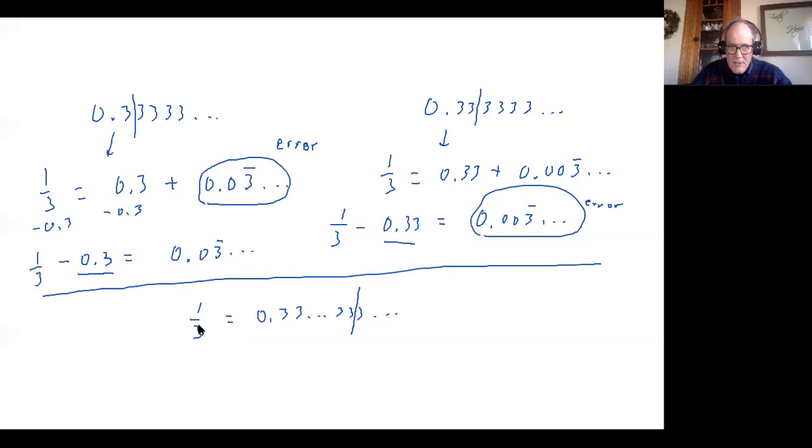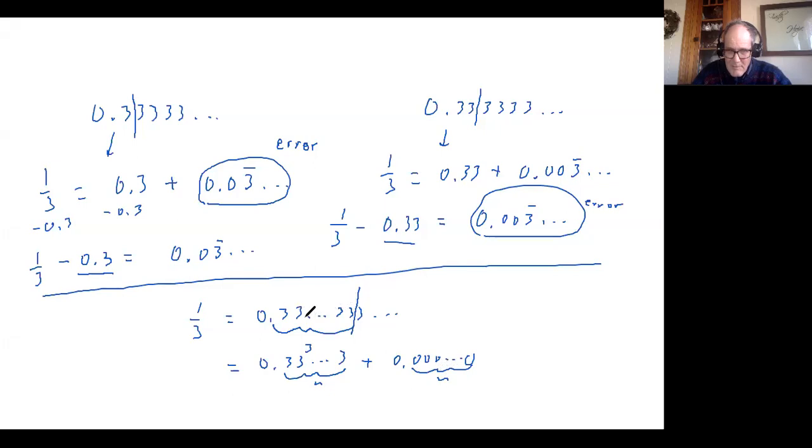Let's do it again in the general case. Suppose we broke this up at n threes. We've got n threes there. Then 1/3 is 0.33 all the way to 3, and this is n of them, plus 0.000 dot dot dot, and there's n zeros.